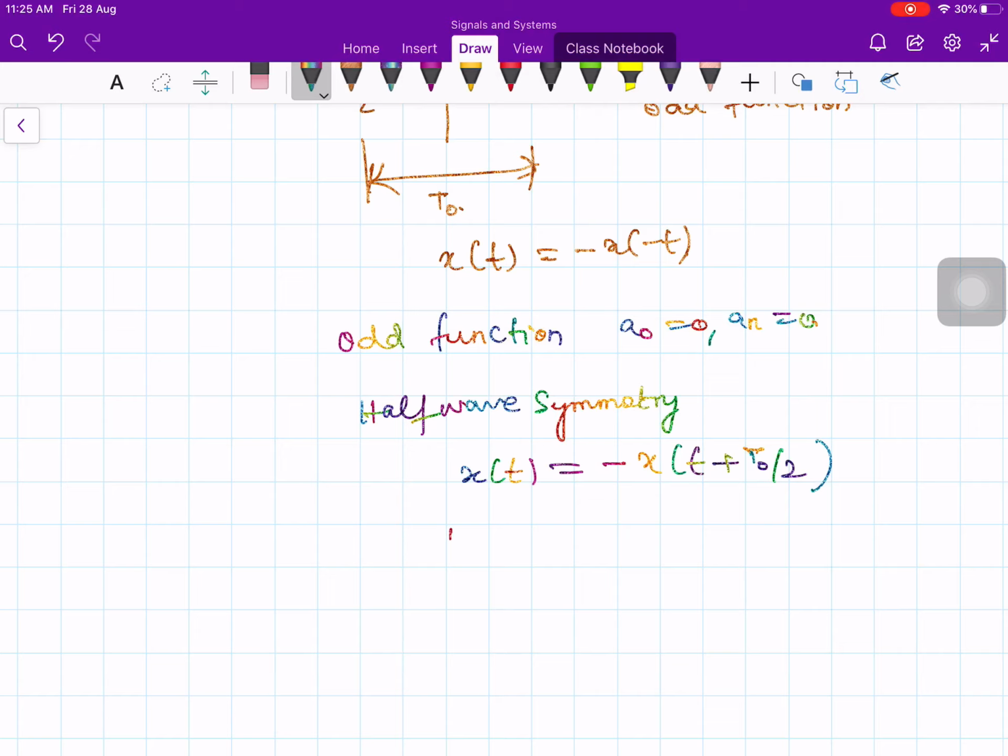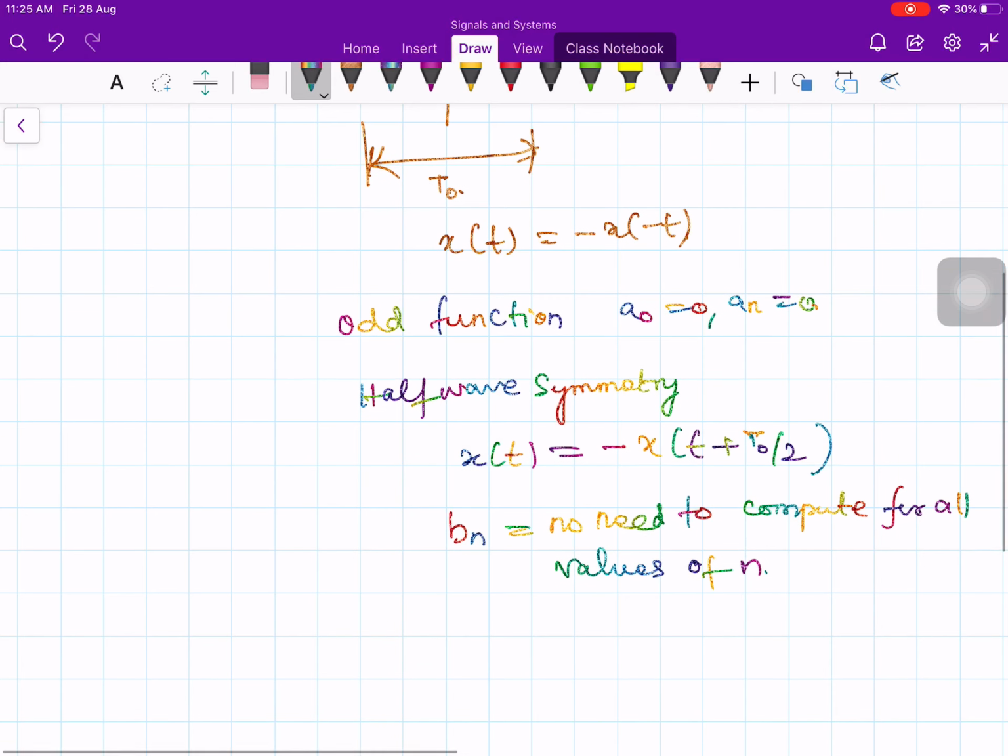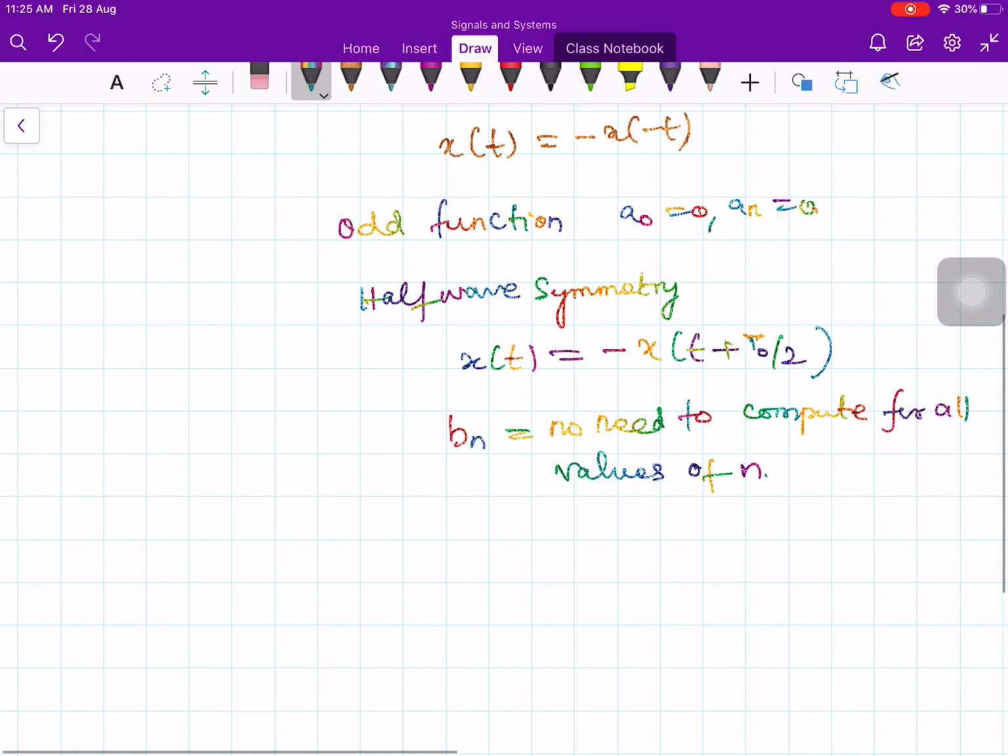So Bn, no need to compute for all values of n. You just calculate only odd values of n.